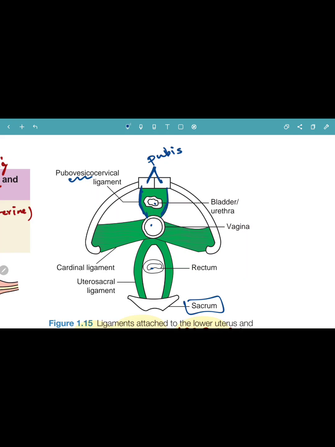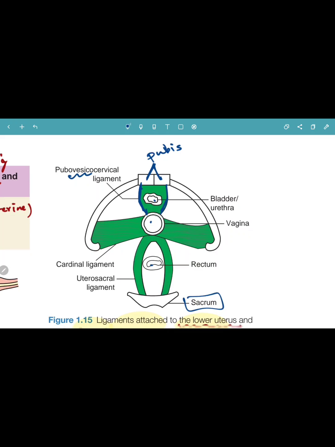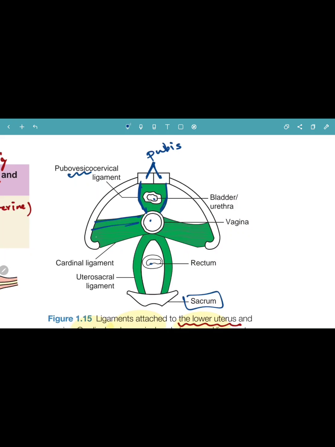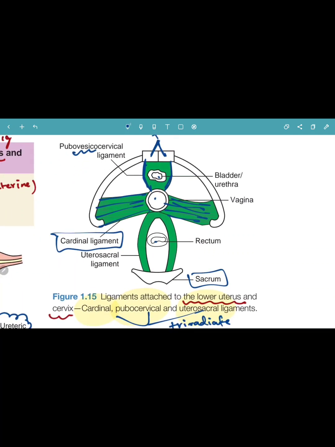And now the cardinal ligaments. This is your cardinal ligament on either side of the vagina. And from the uterus to the sacrum is your uterosacral ligament.